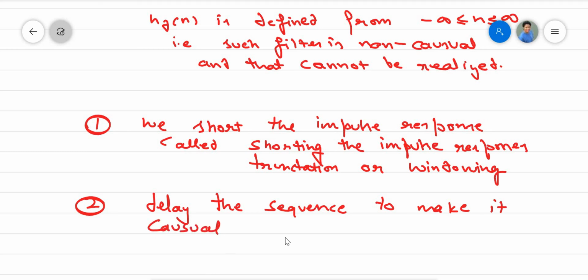Now these are the two problems we are facing with the ideal filters. If we can implement these two propositions in the ideal filter, we can definitely realize any kind of filter with these properties. So this is the design process.